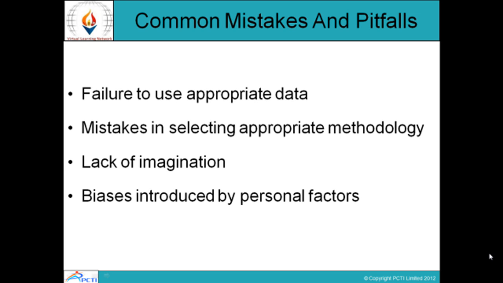We can say that unreliable and inconsistent data was used, and valid available data was not used. Second, mistakes in selecting the appropriate methodology. The method is not properly used, an inappropriate technique is chosen, or there is inability to handle the intuitive technique.